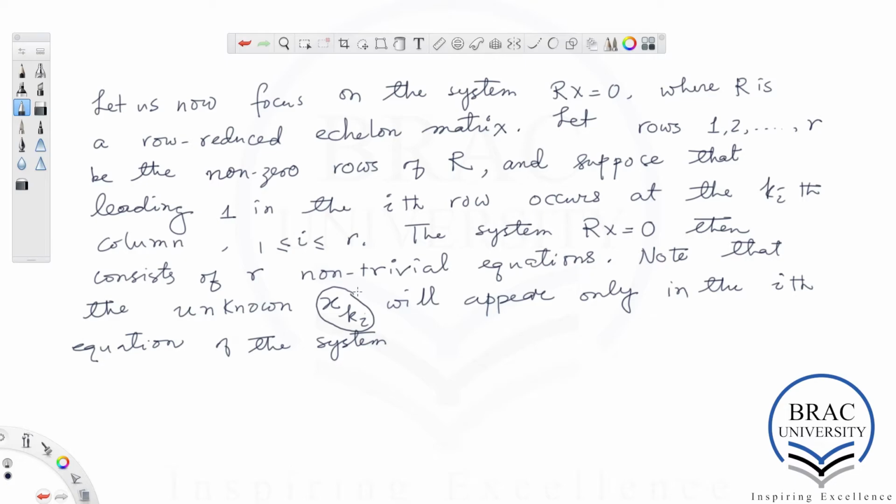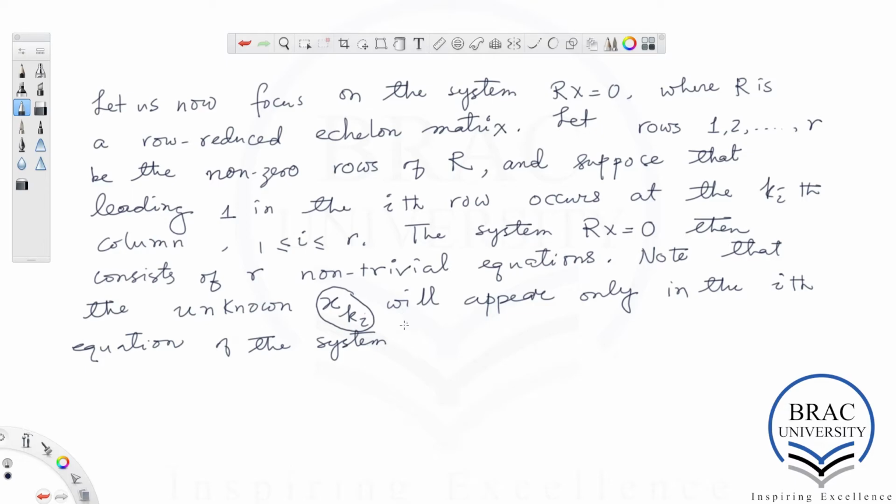For that reason, it has to appear only in the ith equation of the system.